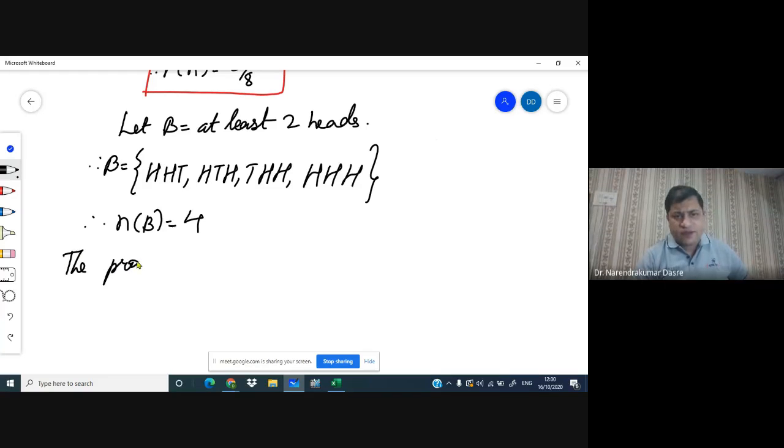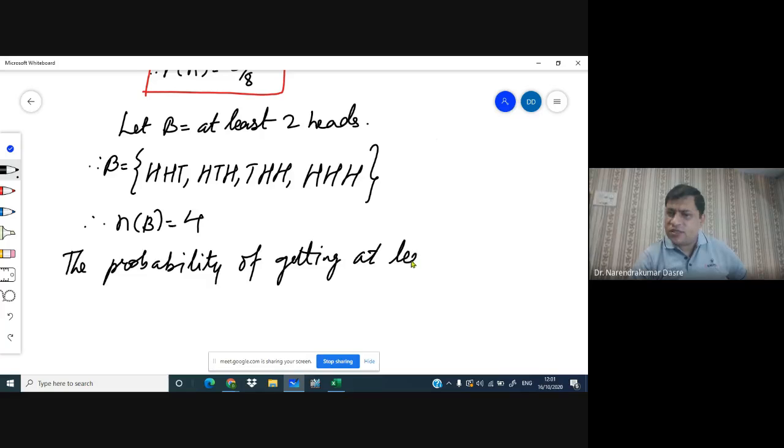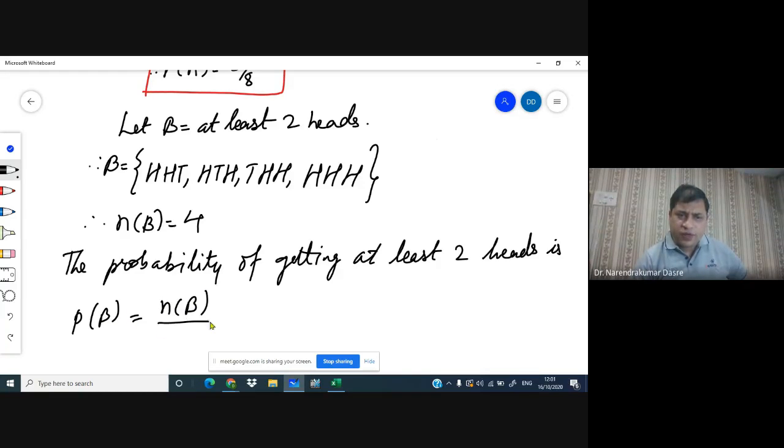So we can say the probability of getting at least 2 heads is, so what we know is probability of B is equal to number of sample points in B upon number of sample points in S, and this is going to be 4 by 8, so it's going to be half.